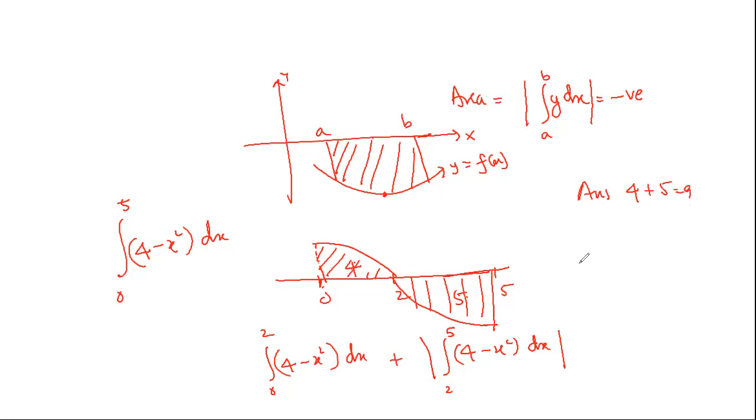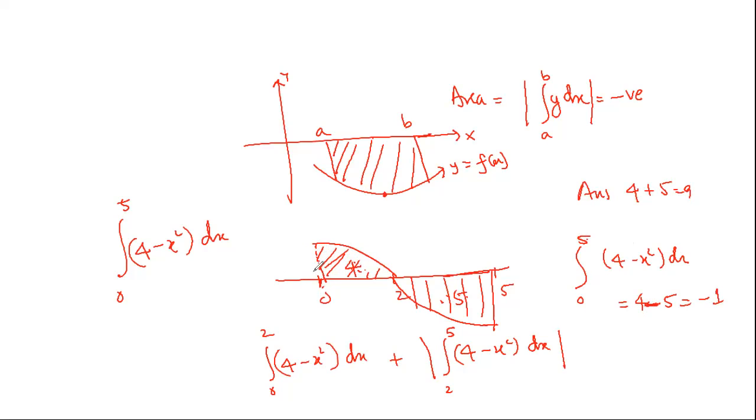But if I directly integrate 0 to 5 of 4 minus x square dx, you know what will be my answer? This will be 4 and this will be minus 5, and I'll end up with my answer as minus 1. So that will be a wrong answer. Have you got the idea? In direct integration from 0 to 5, a part of it is positive, a part of it is negative, so you will get subtracted.